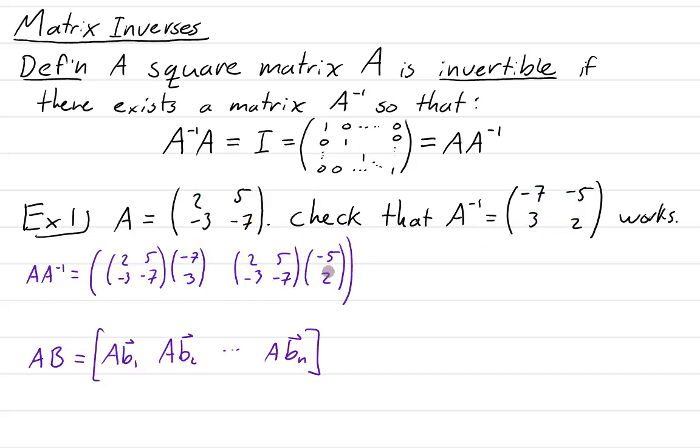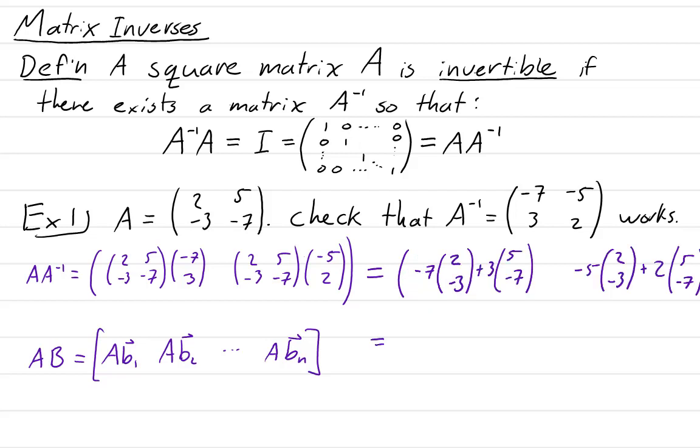Let's actually work this out. We're going to do -7 times this one. I skipped writing some of that out to make it a little faster.